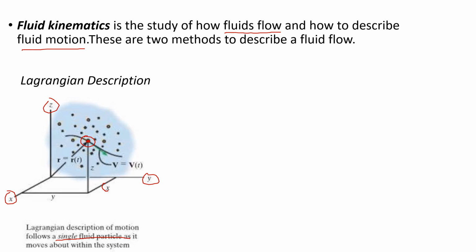By system we always mean fluid, and this is the description we are going to carry on. In that system of fluid we will tag one fluid particle, and we would follow that particle wherever it went, and we would calculate its different properties. Right now here it is shown that its velocity is being measured with respect to time.